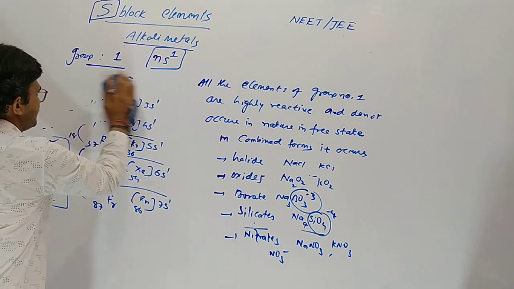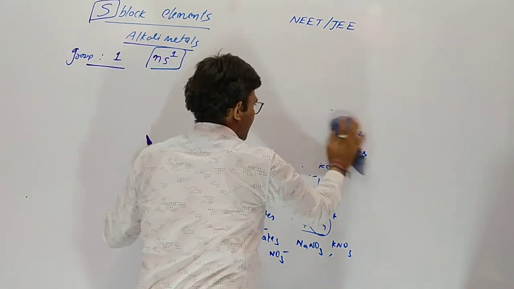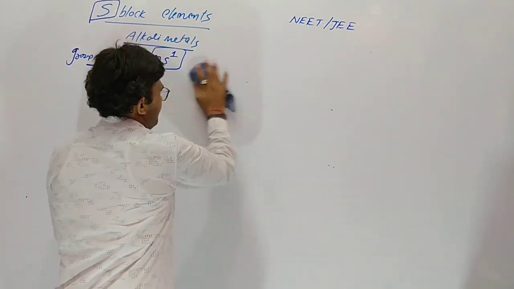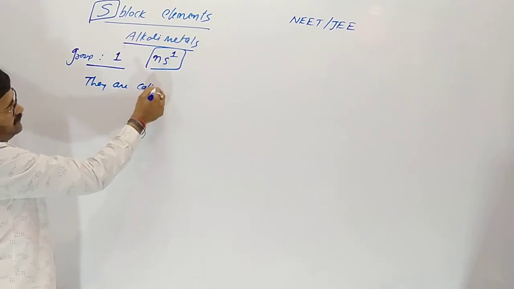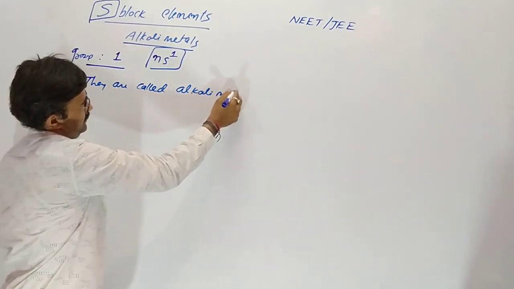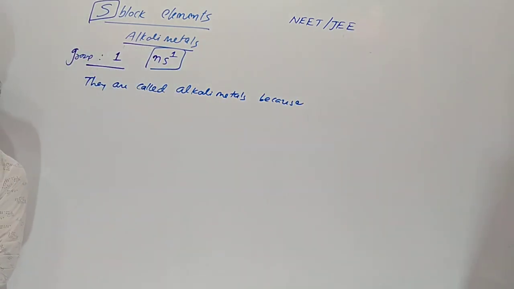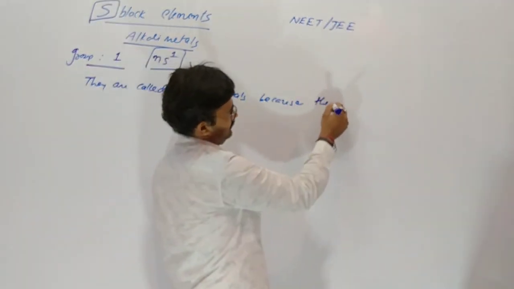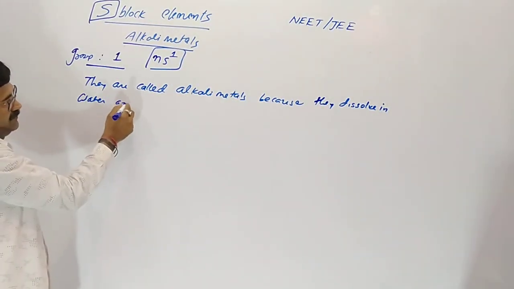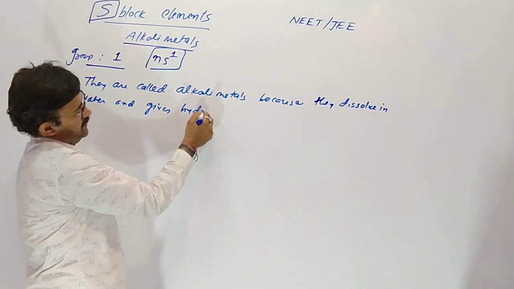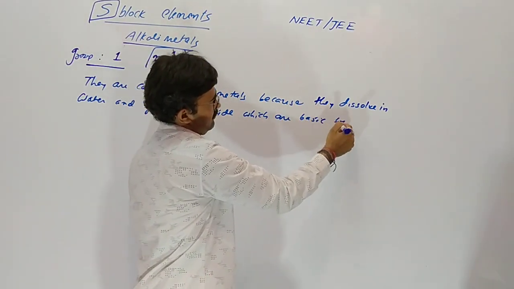They are called alkali metals. Why? They are called alkali metals because they dissolve in water and give hydroxides, which are basic by nature.